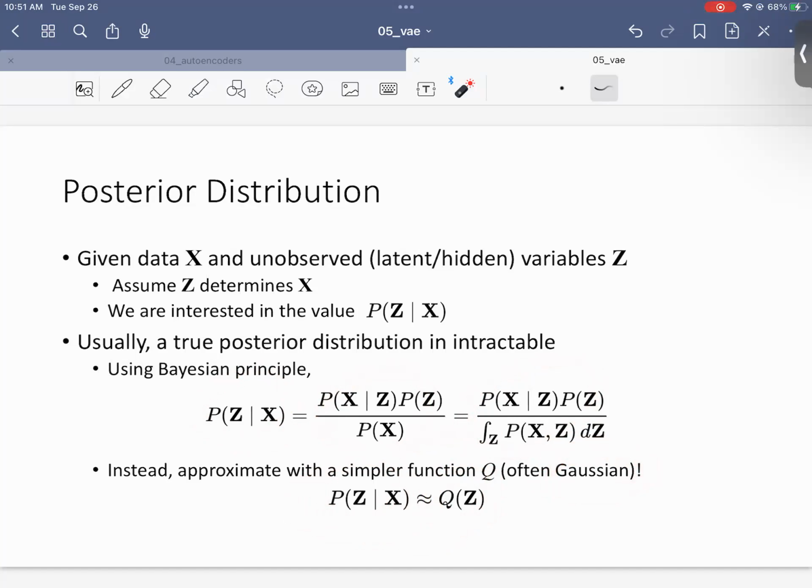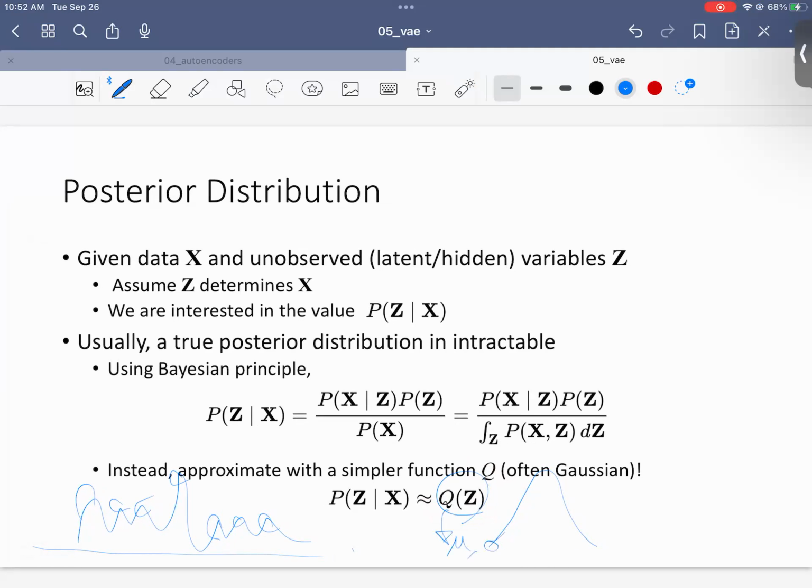So if Q(Z) given X, if P(Z) given X happens to be a Gaussian-like distribution, this could be a very good choice. But if the true distribution of P(Z) given X looks like this, with a lot of modes and totally non-Gaussian, then using Q(Z), which is a Gaussian shape... But if we assume that Q(Z) is Gaussian, then all the freedom we have is the mu and sigma of this distribution.